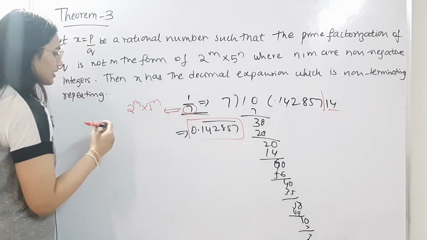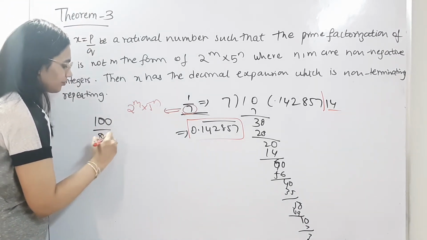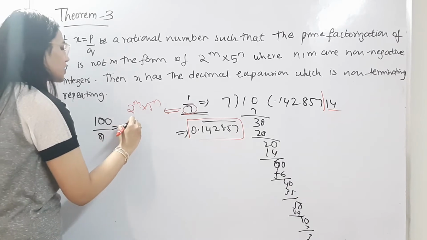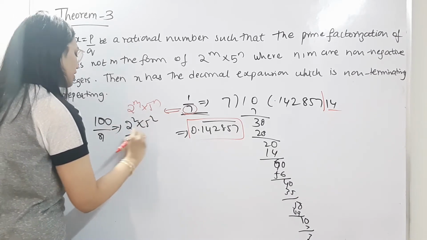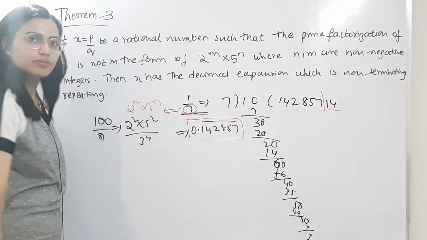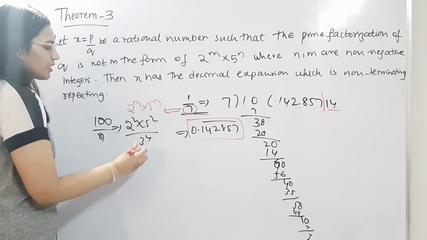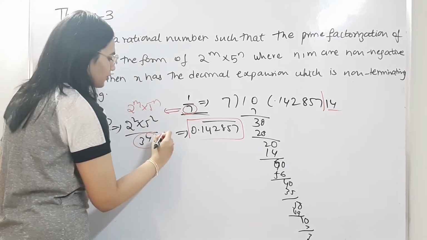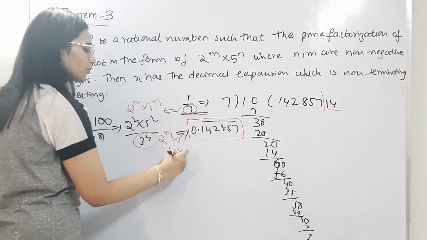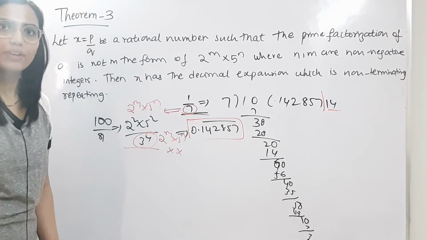Again, for example, if we say 100 by 81, what is the prime factorization of this? You get 2 square into 5 square is 100 and 81 is 3 power of 4. So is the denominator in the form of 2 power of m into 5 power of n? No. It is simply 3 power of 4.